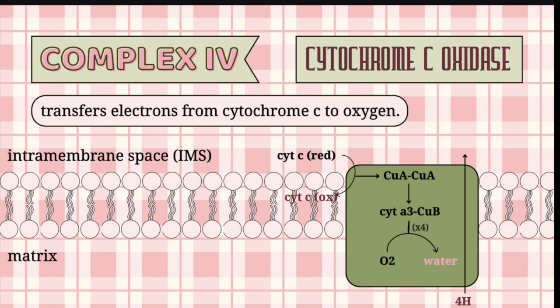Is that clear? Or you want me to repeat? It says 4 protons because we need 2 cytochrome C, right? Sorry? You said it's 2 protons, but here it's written 4 protons because we require 2 cytochrome C. Yeah, we pump 4 protons when it's 2 Q cycles.